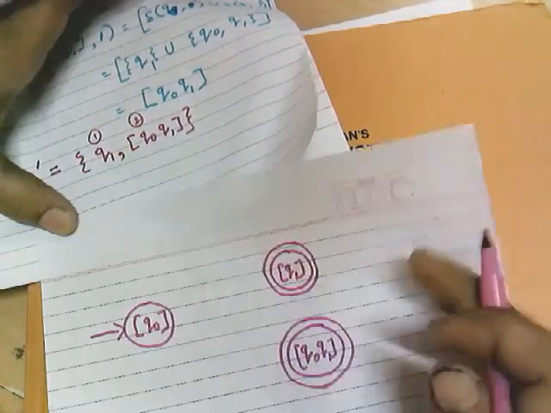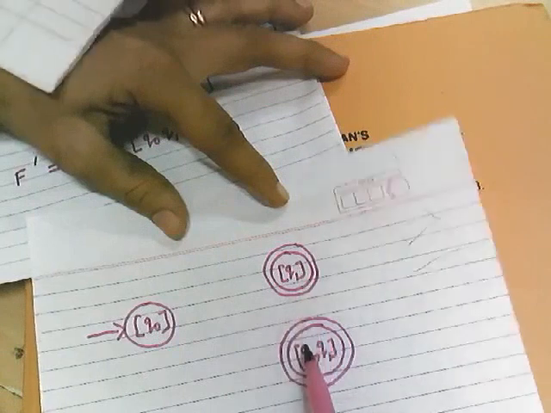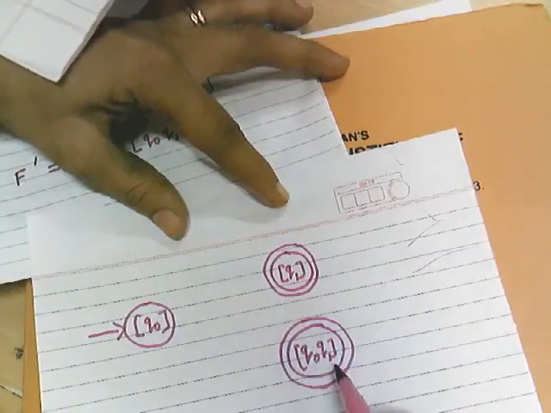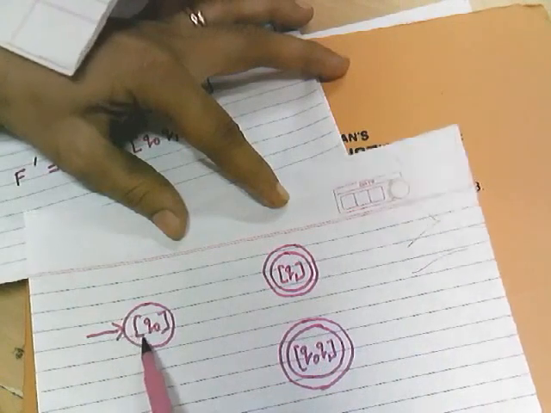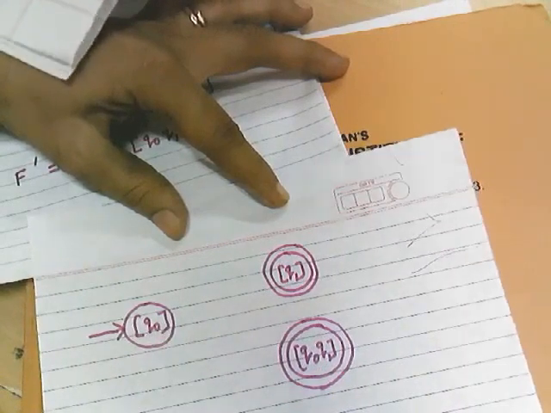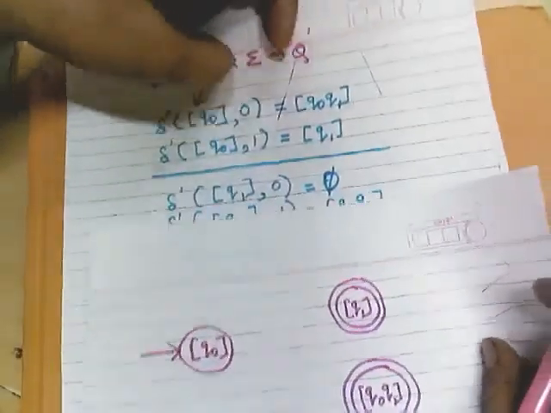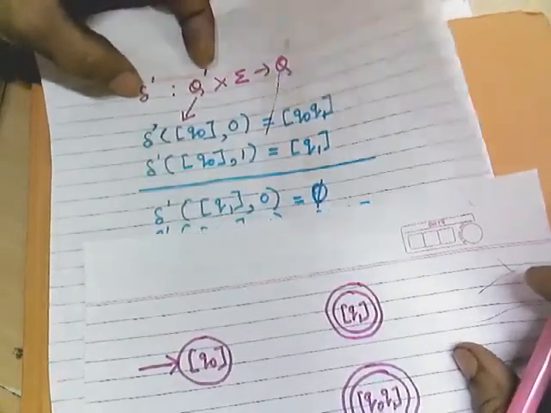So have we represented 3 states? Q0, Q1, and Q0 Q1, right? And we have also indicated that Q0 is acting as our initial state. Now we start drawing this transition graph according to the identified delta dash function.